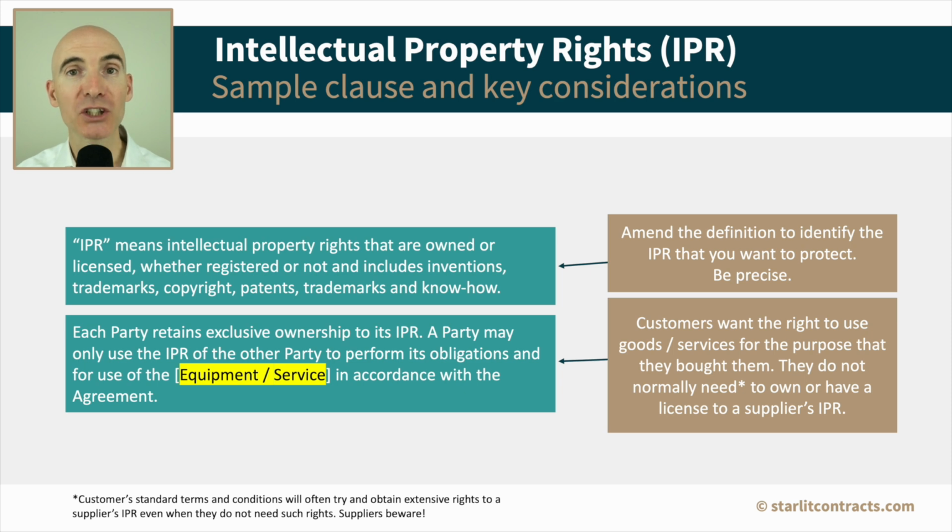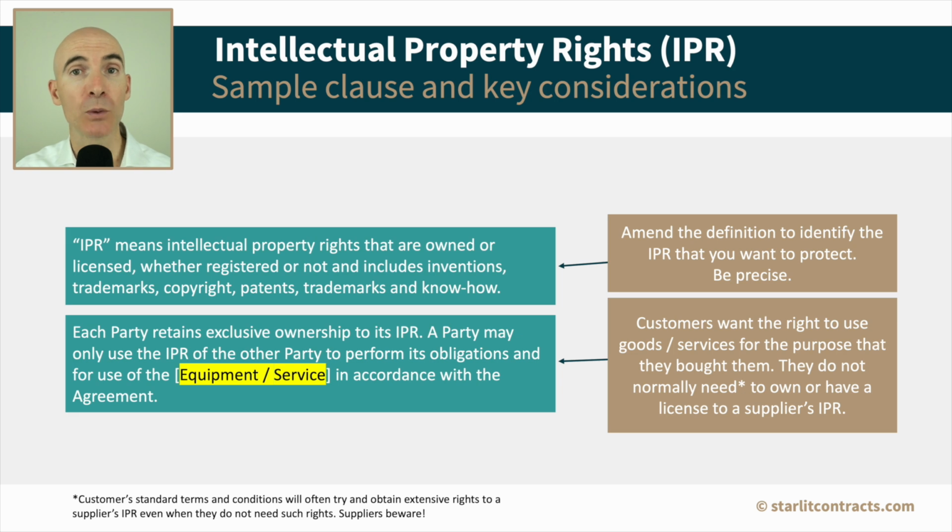Our first consideration is to look at the definition of IPR. Does it address the types of IPR that you need to take into account for your deal? Or maybe there's more in this definition of IPR than you really need for your deal, and you can amend it accordingly. Our second consideration is whether the customer would need a license in order to use the works that have been provided by the supplier.